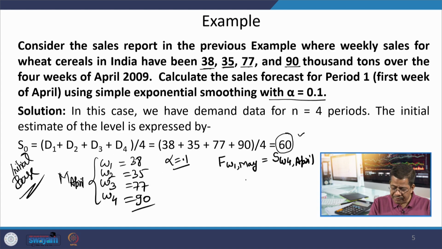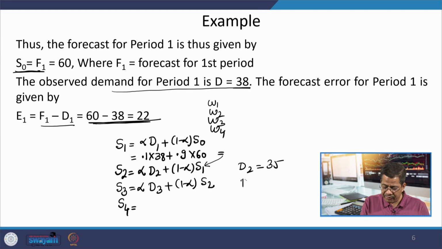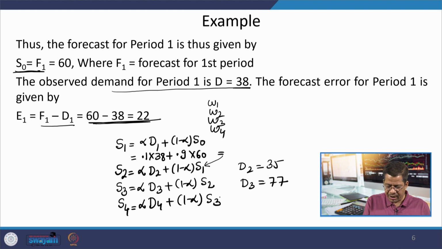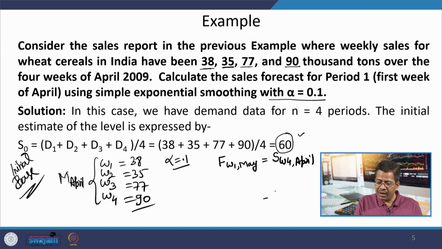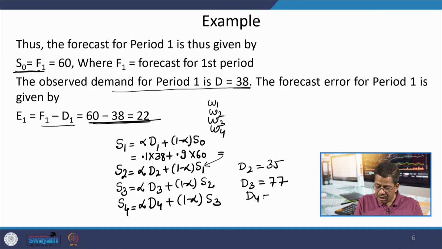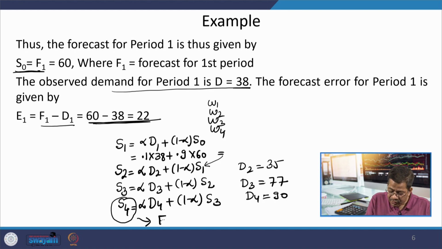Here you will use D3 equals 77, alpha D4 plus 1 minus alpha S3, where you will use D4 equals 90, and this S4 is the forecast for the first week of May.